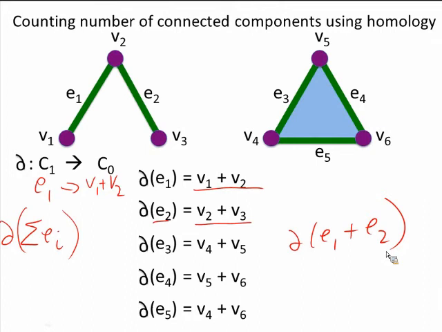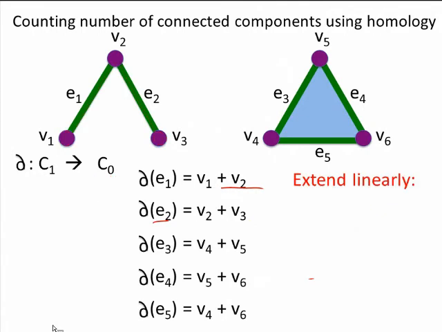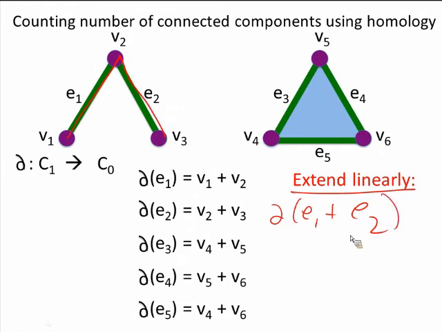Well, I'm hoping its image is going to be V1 plus V3. We hope it's V1 plus V3, because if I take E1 plus E2, doesn't it look like that should be its boundary? Well, it is when we use formal sums and extend linearly. So if I want to do the boundary of E1 plus E2, I can do the boundary of E1 plus the boundary of E2.